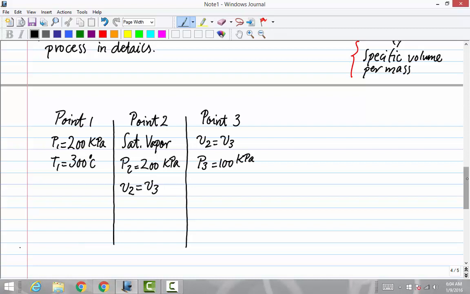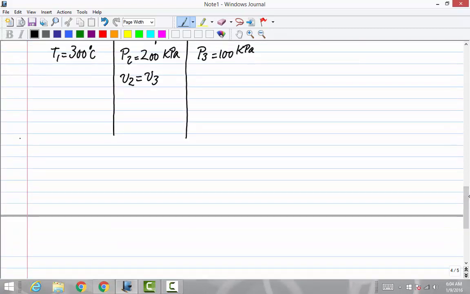Now the solution starts. So at point 1, we have water. See, now I told you before, this is why I told you that the matter matters. It's important because then I know which table to go to.